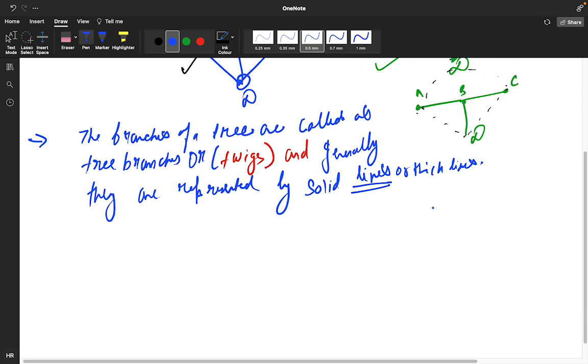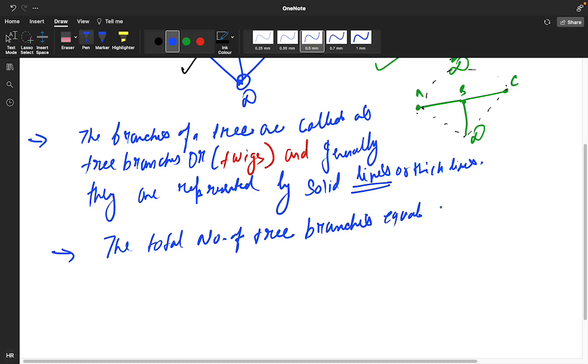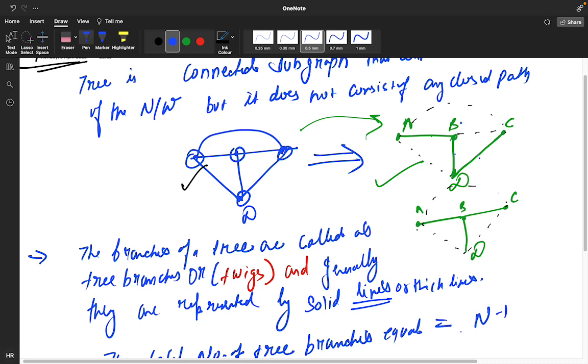So the total number of tree branches is equal to n minus 1. So how many nodes are there? First node, second node, third node, fourth node.